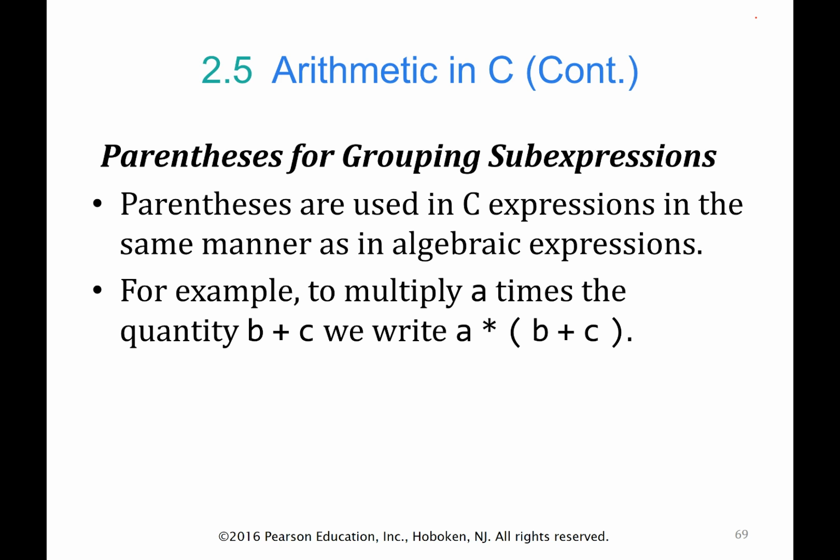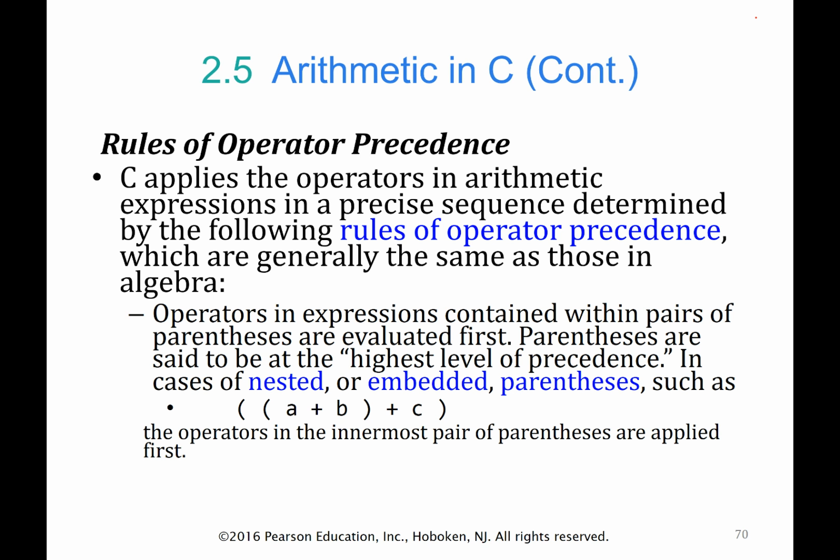So, this is not quite the same example as there. What they're showing here is that the B plus C has parentheses around it, so that's done before the multiplication. And we can have as many parentheses as we want.